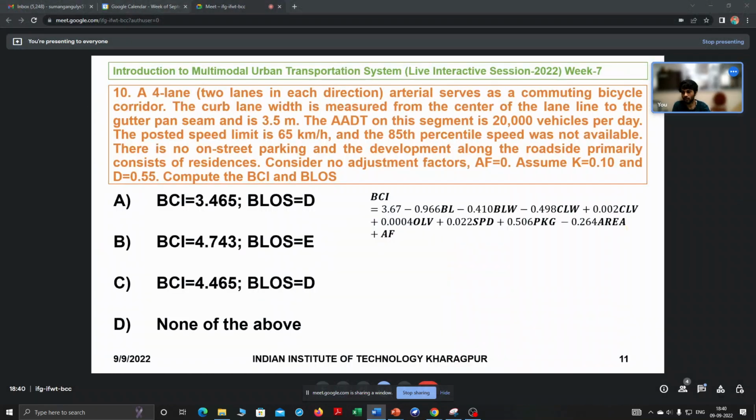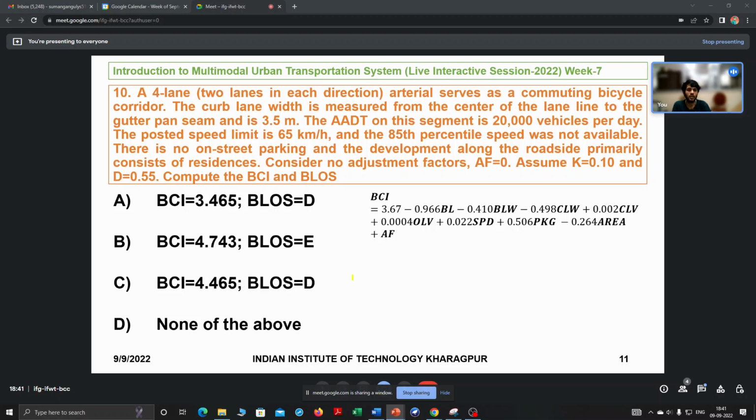Now you calculate and you tell me what could be the answer. I will wait. Tell me. I have given you the formula also, right? So it is not a problem for you to calculate. The bicycle compatibility index formula I have given you.